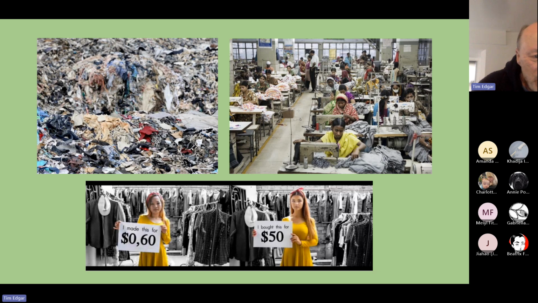So here we've got a huge recycling of fashion, and here are what we call sweatshops, a horrible term, isn't it? But people working on low wages, often in Bangladesh, India. And here at the bottom is a really good example: here's the fast fashion copy of this $50 dress.